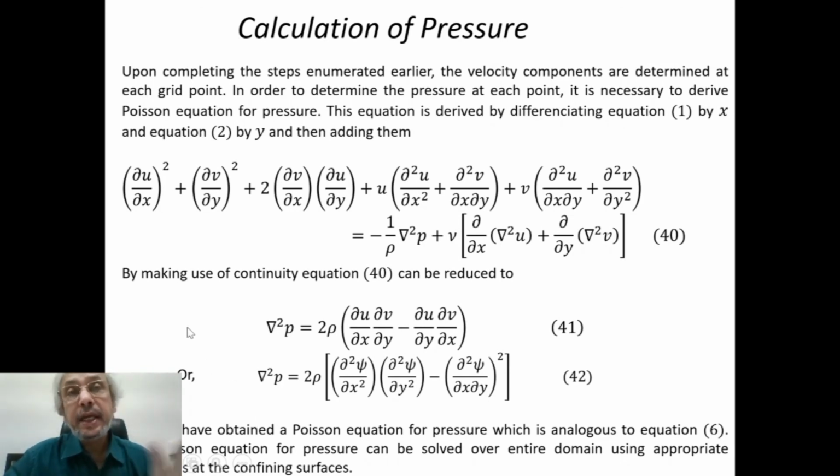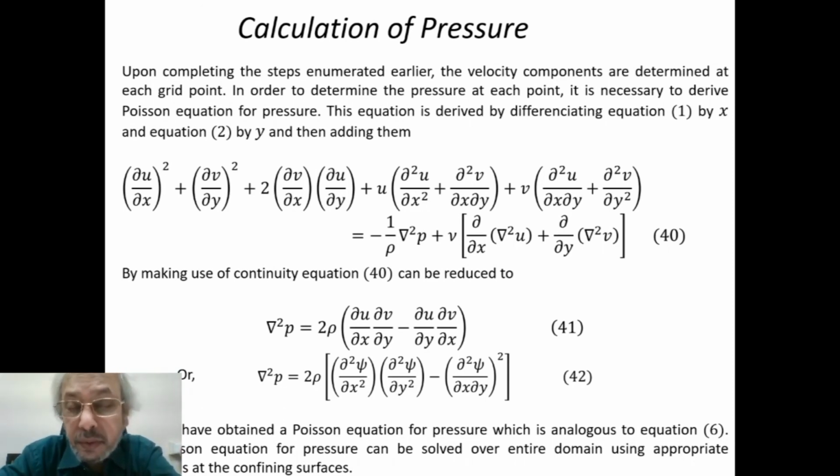Then you will get basically a pentadiagonal matrix, and you can solve that matrix. We have now obtained the Poisson equation for pressure, which is analogous to the Poisson equation for stream function.